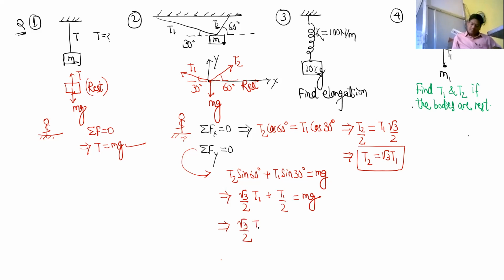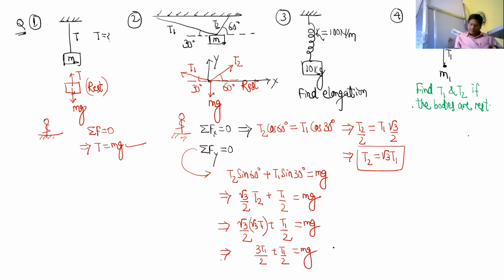Now replace T2 equal to root 3 T1. Oh, where is T2? I made a mistake here. This is T2. So here I have to write root 3 T1 plus T1 by 2 equal to mg. So this comes out to be 3 T1 by 2 plus T1 by 2 equal to mg.